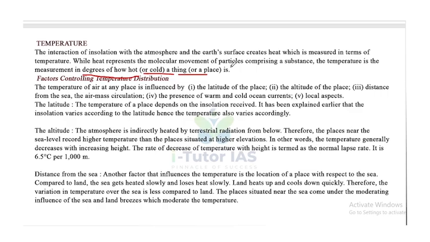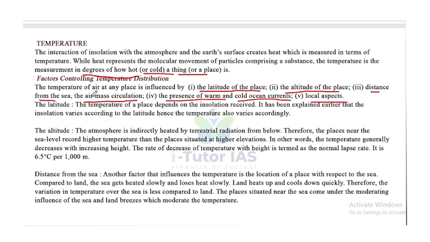Now, factors controlling temperature distribution. The temperature of the air at any place is influenced by the latitude of the place, altitude of the place, distance from the sea, the air mass circulation, the presence of warm and cold ocean currents, and local aspects.